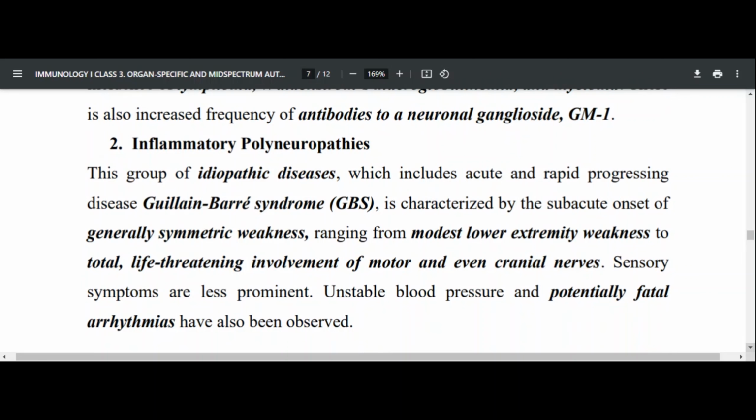Sensory symptoms are sometimes less prominent, but motor symptoms and cranial nerve symptoms are very common. Unstable blood pressure and potentially fatal arrhythmia have also been observed in Guillain-Barré syndrome, which is a type of inflammatory polyneuropathy.